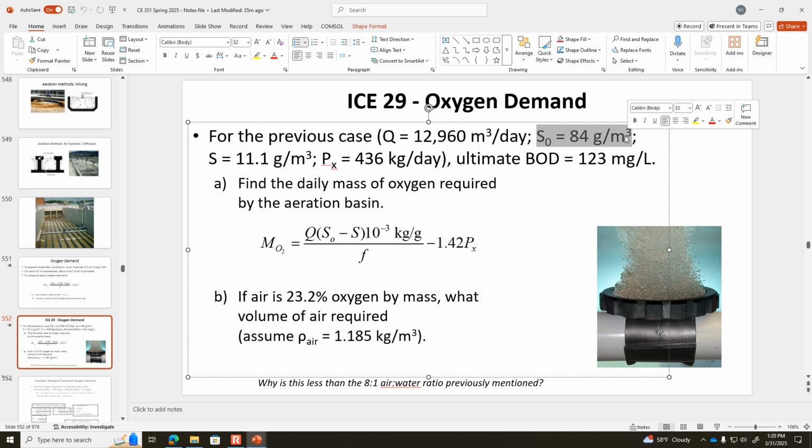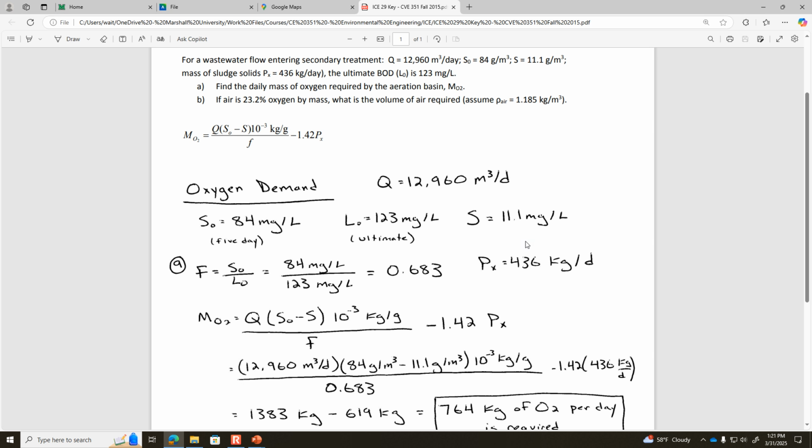So we actually have to provide more oxygen than the 5-day BOD would maybe indicate, because we want to break it down so completely that when the water is discharged to a stream, it's not going to affect the aquatic life, and that's based on the ultimate BOD. So F, that correction factor, we first have to calculate, and so it should be 0.683.